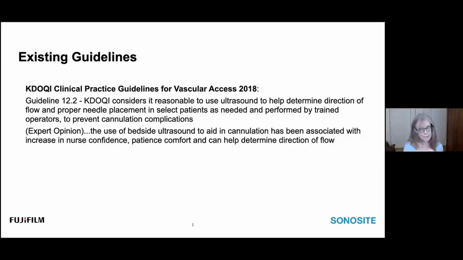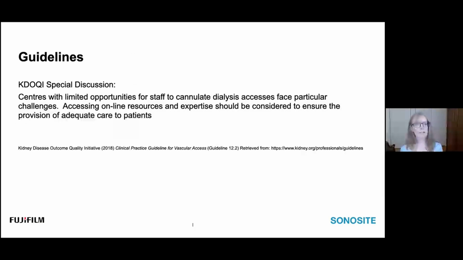While there is research out there related to ultrasound use, there isn't enough. And I think in the nursing profession, we need to keep in mind that continuing research and taking hold of research opportunities can only help in moving our practice forward. The expert opinion would have been based also on research, but there wouldn't have been enough research out there to make it a guideline. So that's why you've got the two listed here, a guideline and an expert opinion.